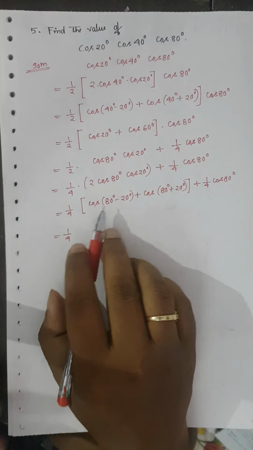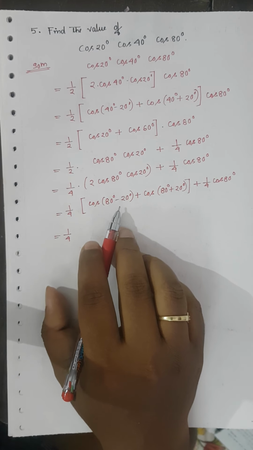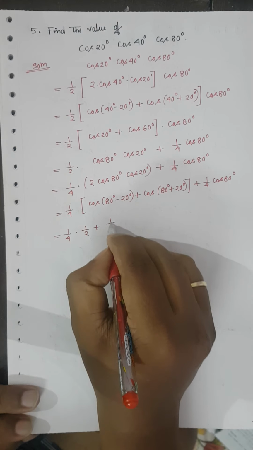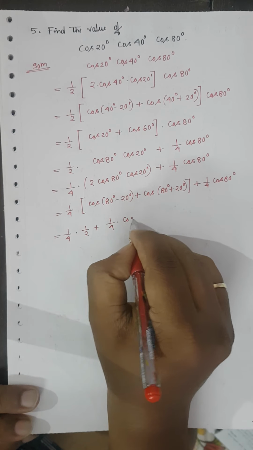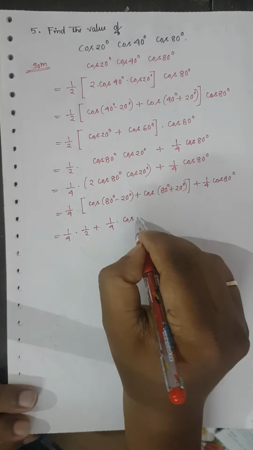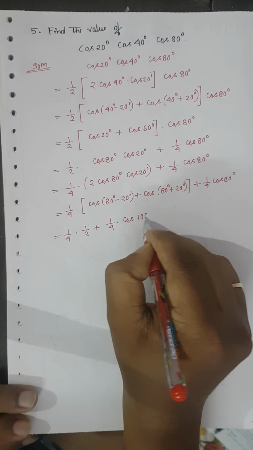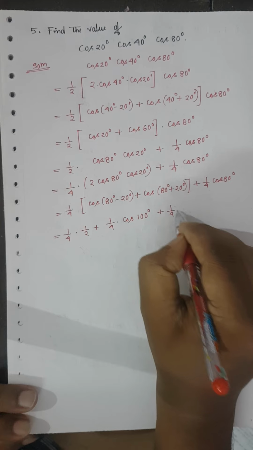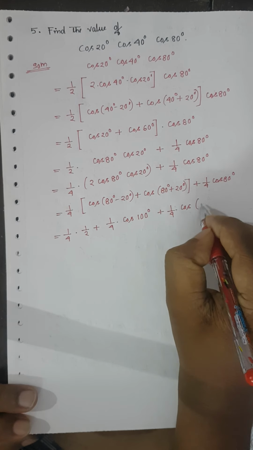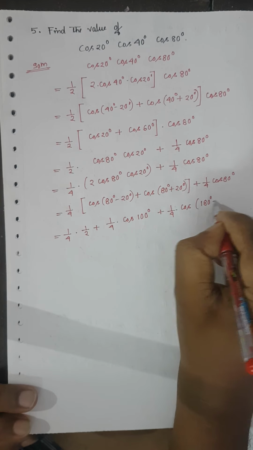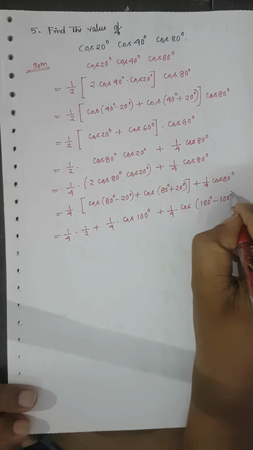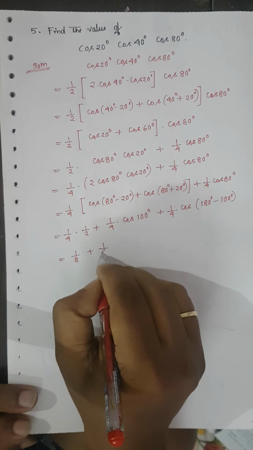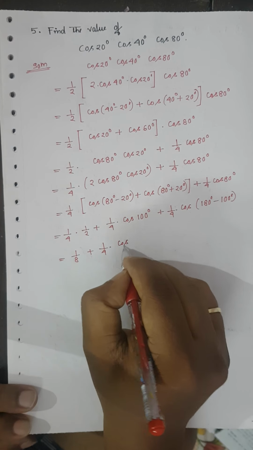See, this is cos 60 degrees, which is half, and 1/4 of cos(80 plus 20), which is 100 degrees. Now, cos 80 is 1/4 of cos(180 minus 100 degrees). So 1 by 8, plus 1/4 of cos 100 degrees.